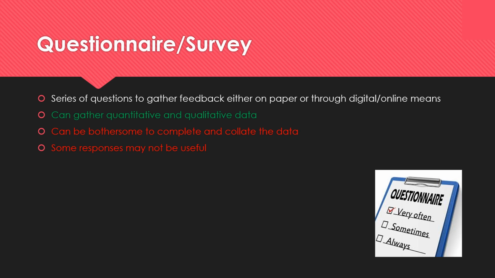Obviously this allows a more one-to-one personal approach, but you can get more people to do it if you do it online, and you can often get it to automatically work out the responses. So in other words, you can make some graphs. You can get all of your data automatically totaled up if you do it on a digital or online method.